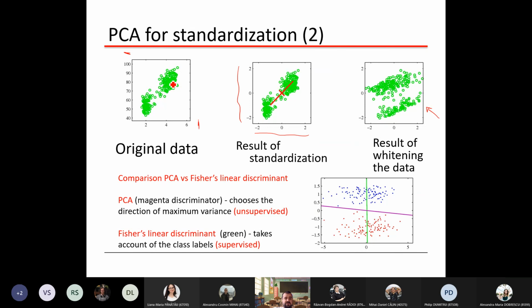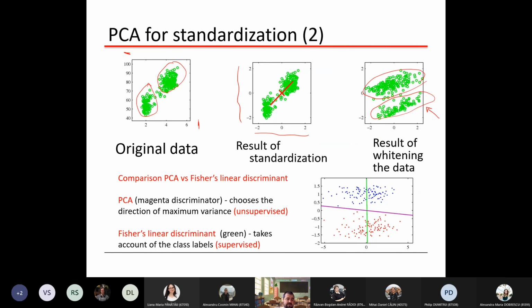And you can see that the data can possibly be clustered like this. And again, these clusters are obvious in the second representation.